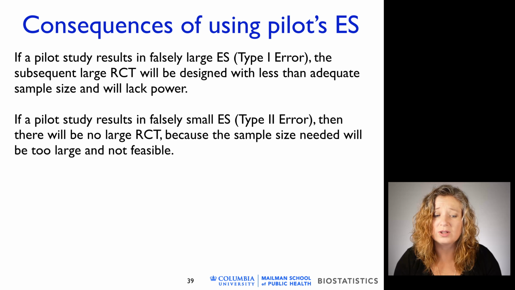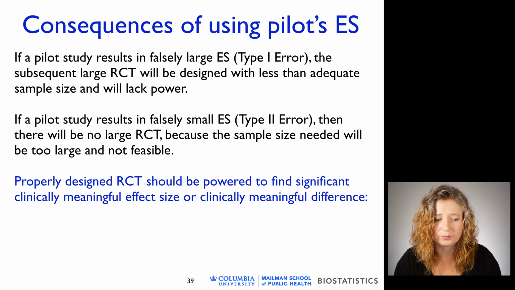If a pilot study results in a falsely small effect size, very close to 0, that's a type 2 error, then there will be no large RCT, because our power computation will say that we need thousands and thousands of subjects, and that is not feasible. The proposed study would be too large to be feasible.